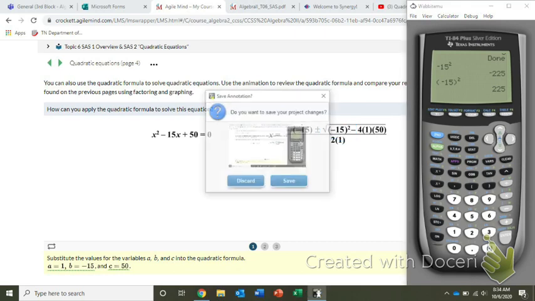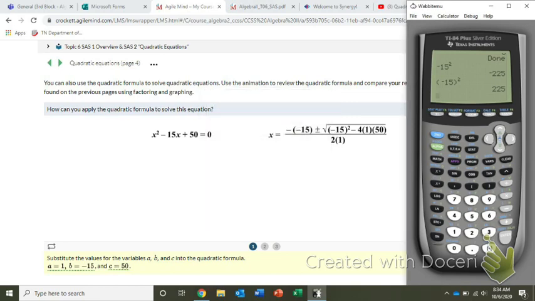Let me show you how important it is that you always use parentheses. If I simply plug in negative 15 squared, you see I get a negative 225, okay? However, if I plug in a negative 15 in parentheses, because I plugged that in for B, for a letter, and I square it, I get a positive 225.